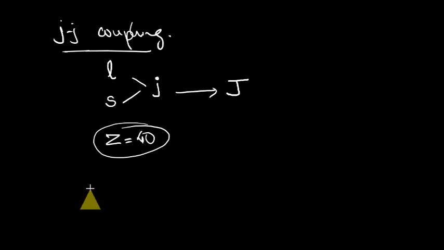It means that only J, the quantum number that represents the total angular momentum, is the only meaningful quantum number, because what is conserved is the total angular momentum. The quantum number corresponding to that conserved total angular momentum is capital J.